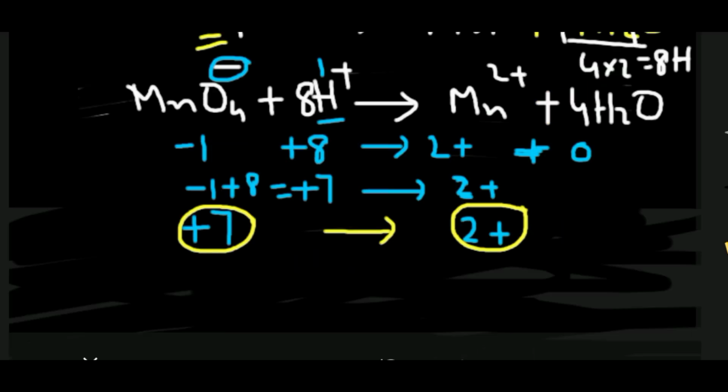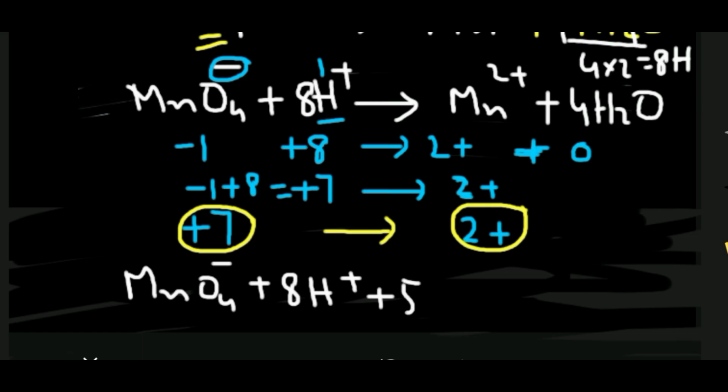So we can write permanganate minus plus 8 H plus plus 5 electrons, because if we add 5 electrons here, the net charge here will also be plus 2. So these two have been balanced.